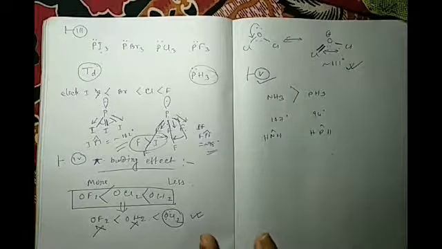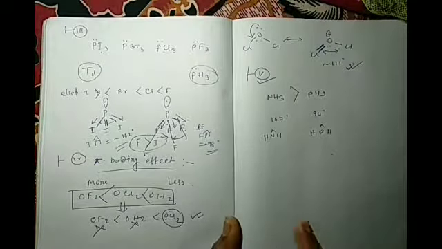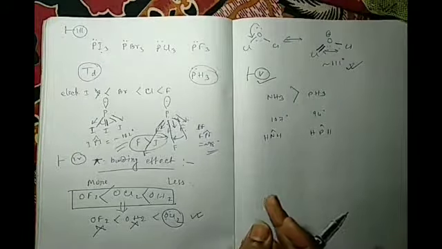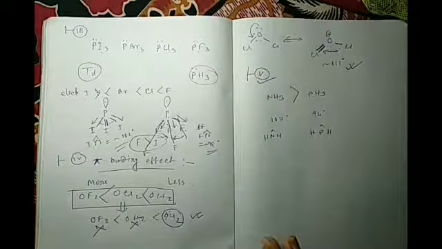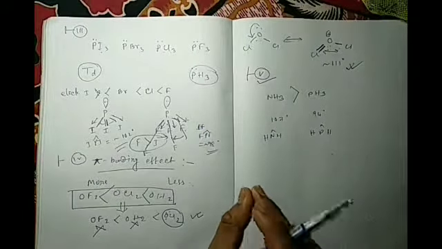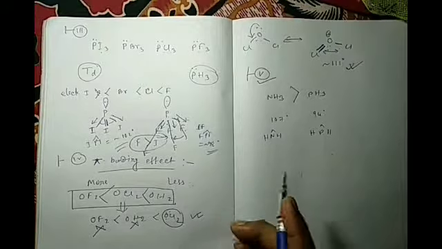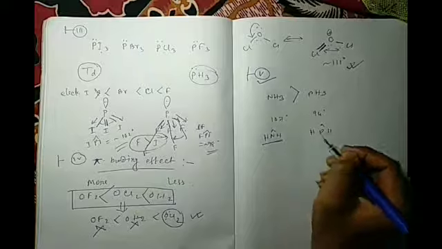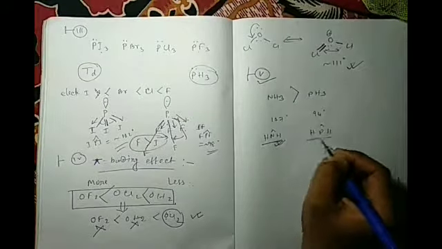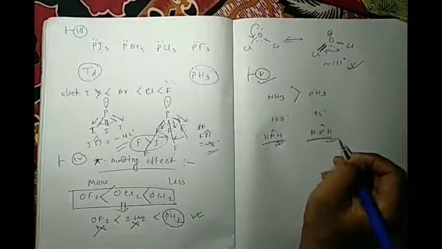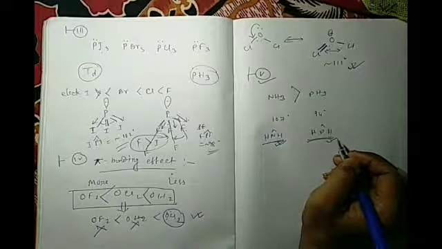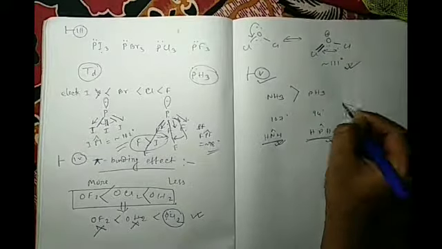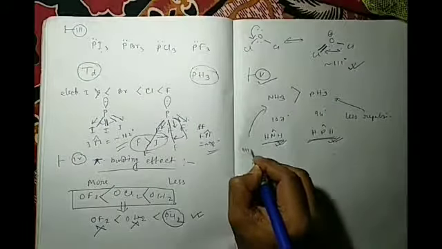The fifth rule says the repulsive force is predominant here. There is more repulsion in one and less repulsion in the other.